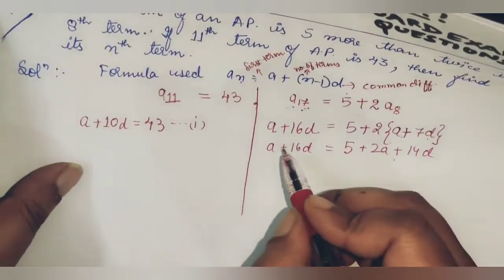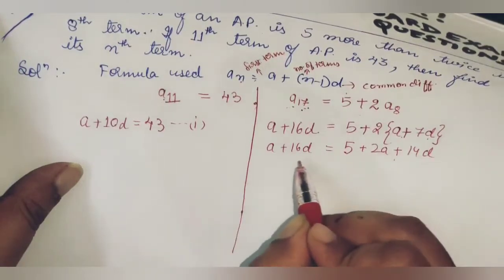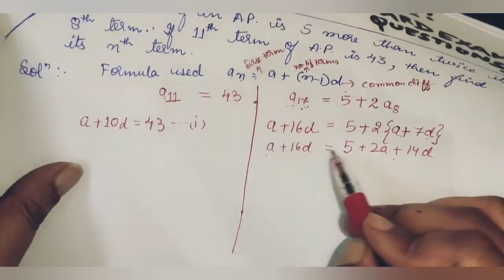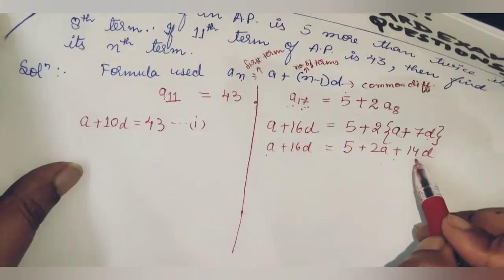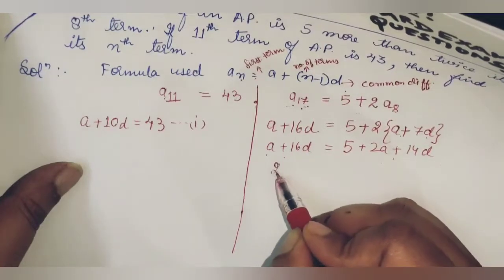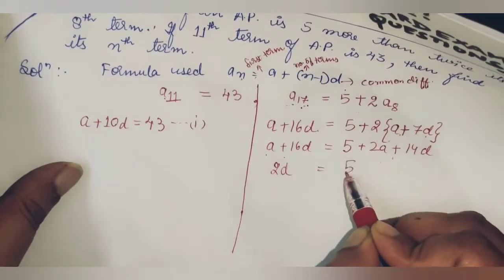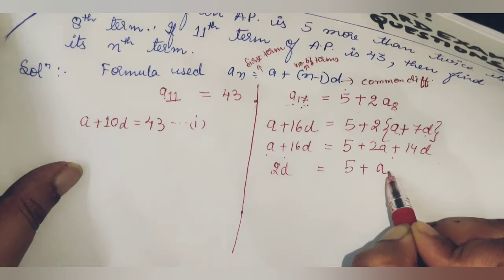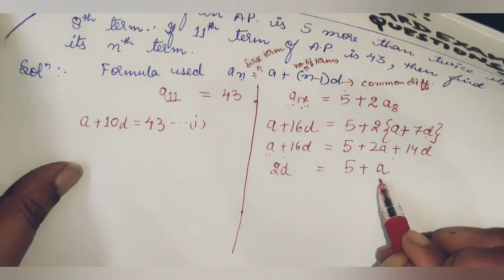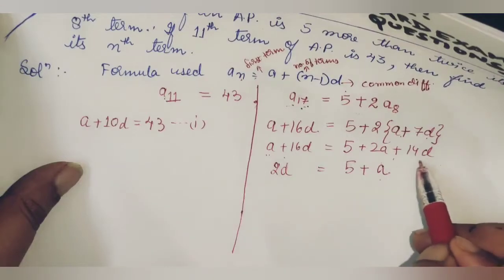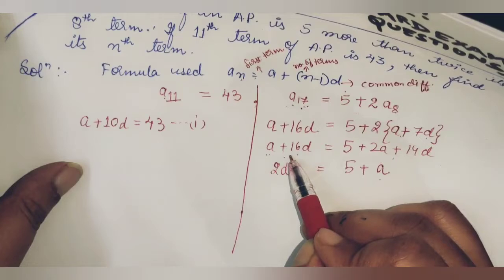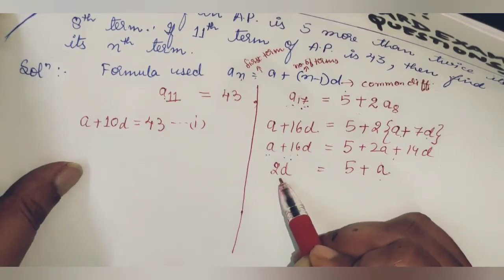Now solve this equation by transferring a to the right hand side and the d value to the left hand side. So you will get 2d is equal to 5 plus a. a goes to the other side, so 2a minus a will give a, and 14d goes to the left hand side so its sign will change, and 16d minus 14d will be 2d.